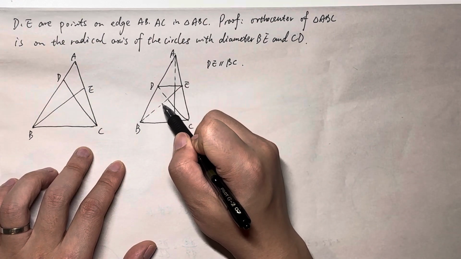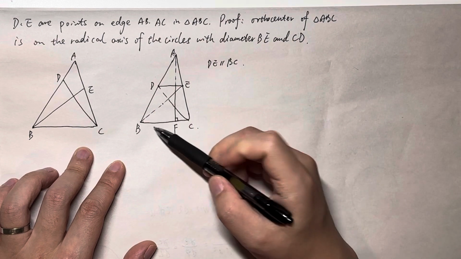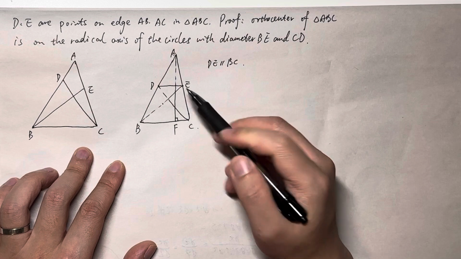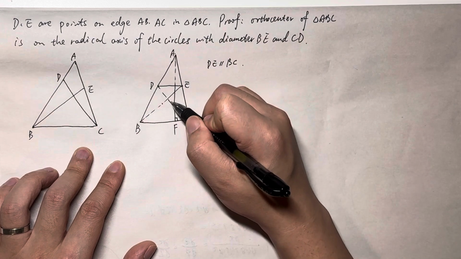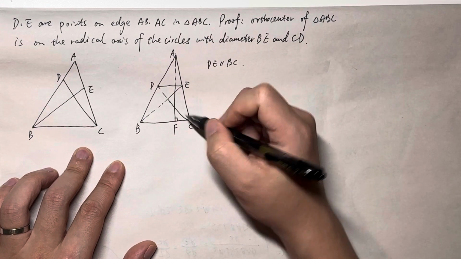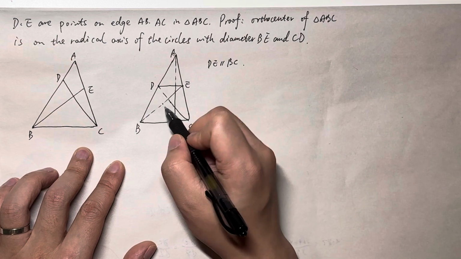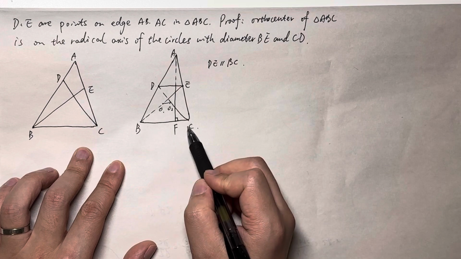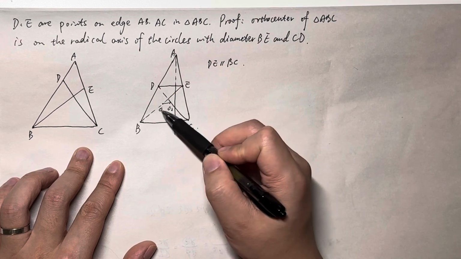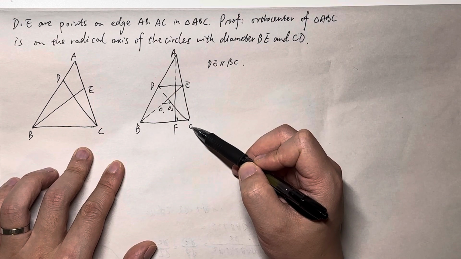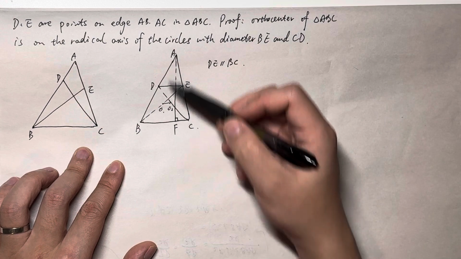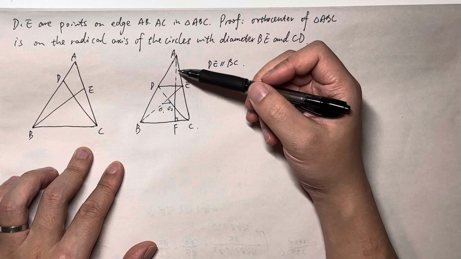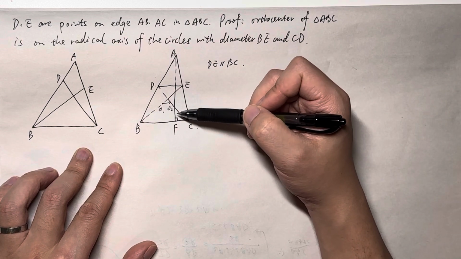We found that the center of the circle with BE diameter is the midpoint of BE, and the center of the circle with CD diameter is the midpoint of CD. So O1, O2, because DE is parallel with BC, it's quite easy to prove that O1O2 is parallel with BC, which means the radical axis must be perpendicular to O1O2, right?